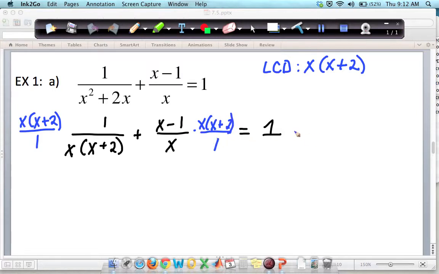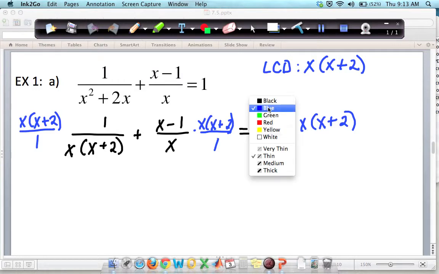And since this is just a 1, it's not a fraction, it's not written in fraction form, I'm just going to write this as x times x plus 2 and not put it over 1. Only do that when you're dealing with fractions like this. Okay, and then this is just like multiplication that you did in 7.2. Let's cancel any like terms.